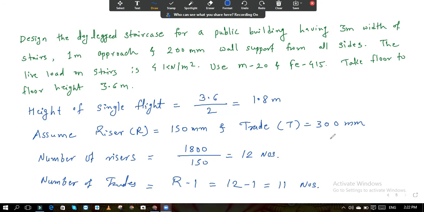Now 11 treads are there in a single flight. So what we have assumed, 300 mm, is the length of each tread. So from this we can calculate the going length.